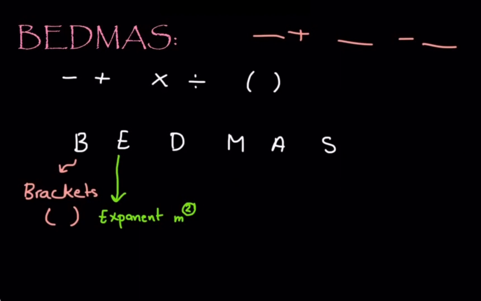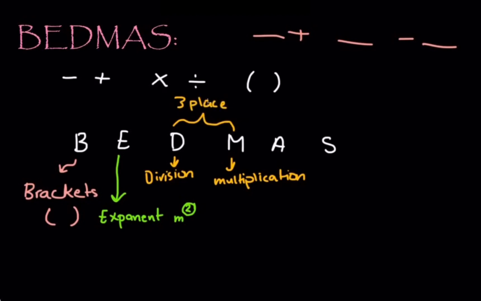And then third, which is a double step, we have both division, so D stands for division, and multiplication. Division and multiplication have the same value and they both come in third place, but whichever one we get to first from the left, we do it first.